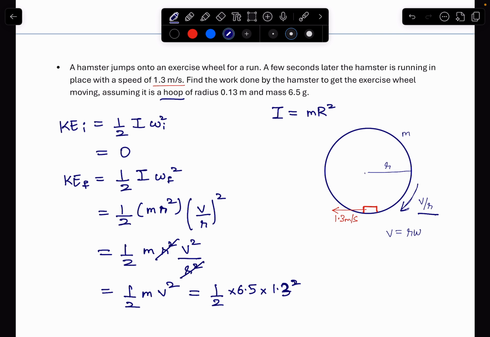Quickly calculating this, I get 5.49, which turns out to be 5.5 joules.